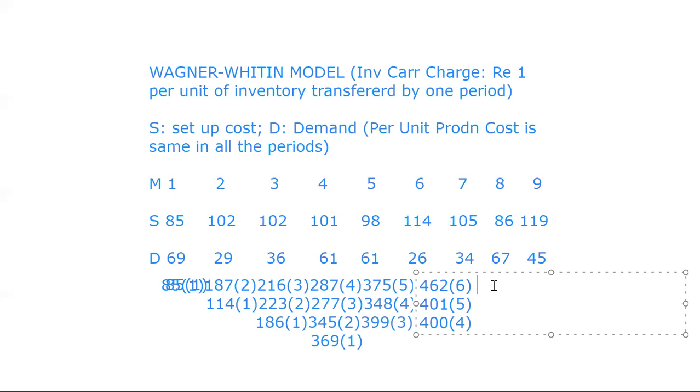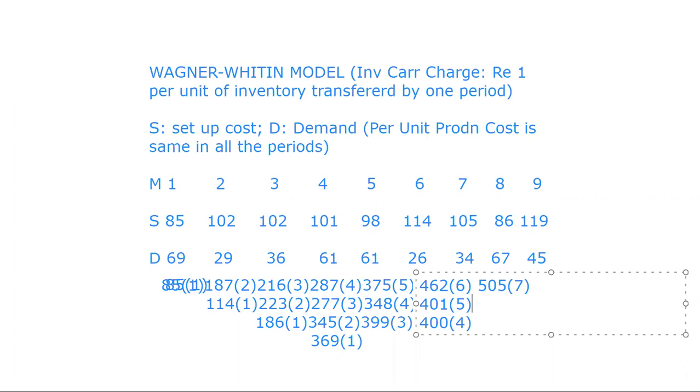Slightly this is displaced, so just bear with me. Now for the 7th period, I produce in the 7th period. What is my total cost? 400 plus 105, 505.